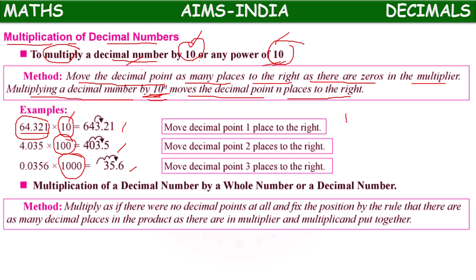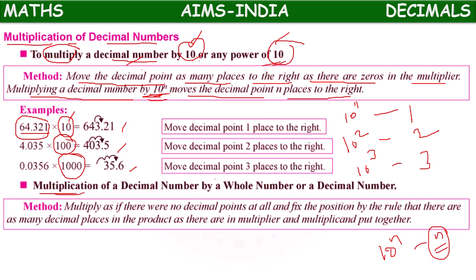Means if we have 10 power 1, we have to move only one place towards right. If the multiplier is 10 square, we have to move 2 places towards right. If the multiplier is 10 cube, 3 places towards right. If the multiplier is 10 power n, we have to move decimal point n places towards right.